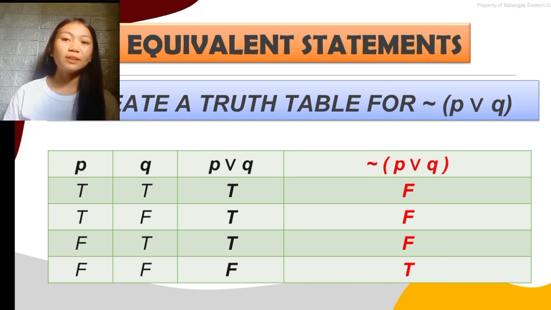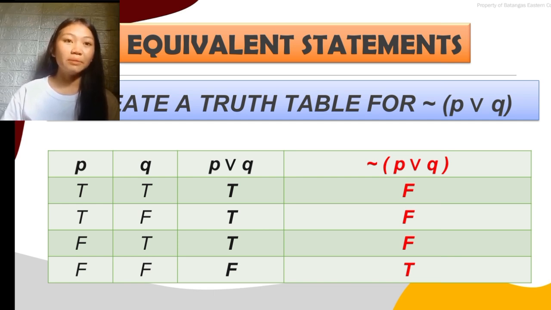Since the first row of P and Q is both true, P or Q is true. In the second row, P is true while Q is false. I said earlier, as long as your simple statement has a true, P or Q is still true. In the third row, it is the reverse: P is false and Q is true. There is a true, so P or Q is still true. And in the last row, both are false, so the answer for P or Q is false.